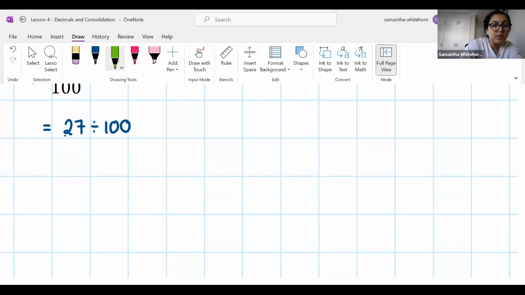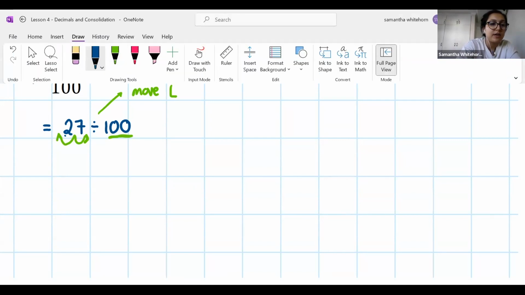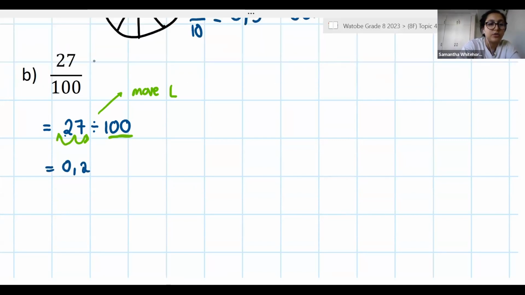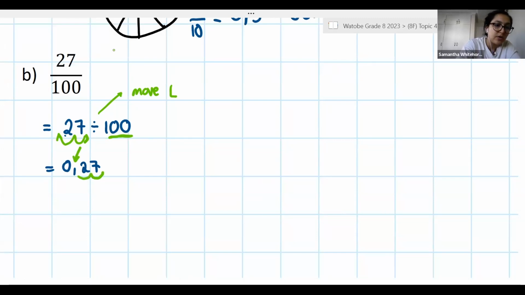Remember, your decimal point is straight after the number. If there's no decimal in the number, it falls straight after the last number of the value you're working with. Now, we've got 2 zeros here, so that means I need to move 2 places to the left. Remember, whenever I divide, I move left. I'm just going to use L for left. And so what I now have is 0,27. Just to show you that again, my decimal moved 2 units left to now give us 0,27.